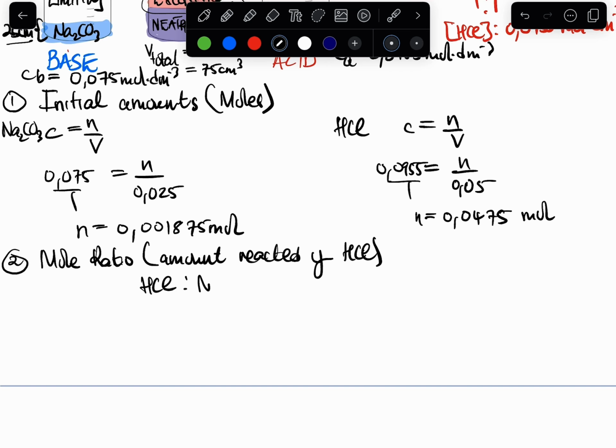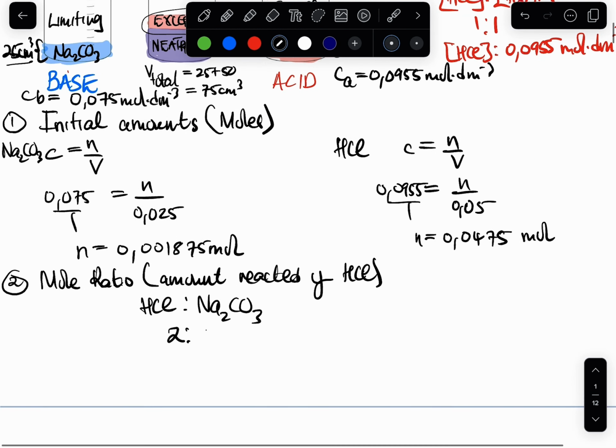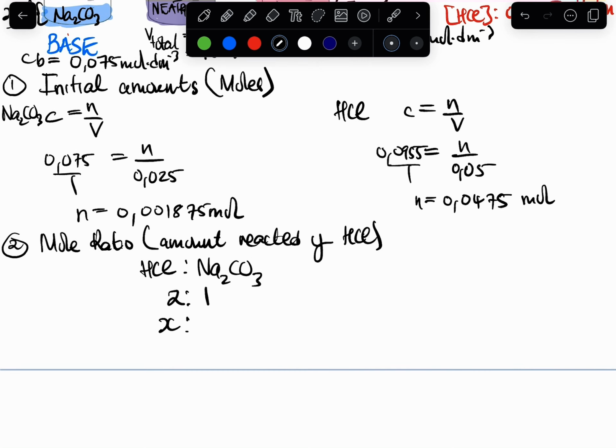HCl is to sodium carbonate. The ratio between them from the balanced equation is 2 is to 1. As 2 is to 1, so we wanted the HCl here, so we'll put an X there, and then the amount available from the sodium carbonate is 0.01875, and then we cross multiply.